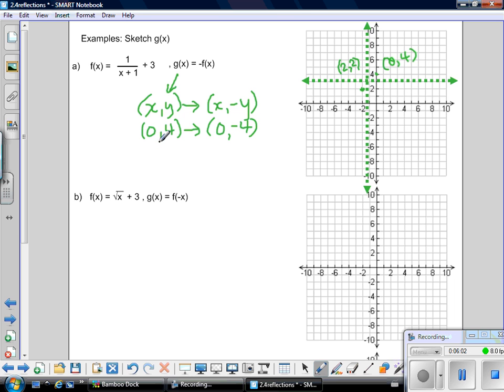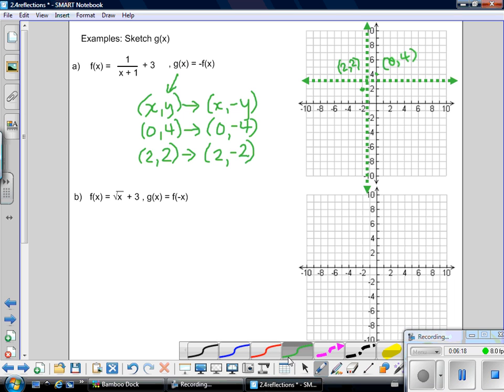We also have the point 2, 2. So we know that that's going to be transferred to 2, negative 2. So we have our two points that have been translated, and so let's actually go and put those on. So we know we have 0, 4, negative 4, so that's going to be here, and our other point is at 2.